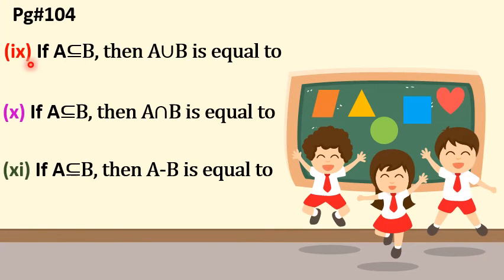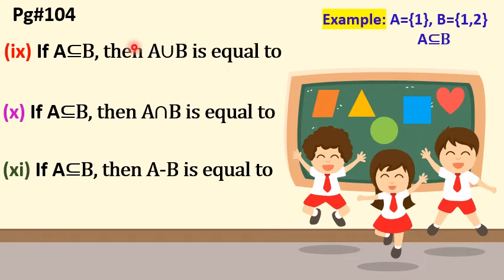Now students, coming back to the MCQs related to these topics: if A is a subset of B, then A union B is equal to... here is an example, because these three blanks are exactly similar, as A is a subset of B is the condition. So I have taken two sets where A is a subset of B. A is {1}, B is {1, 2}.